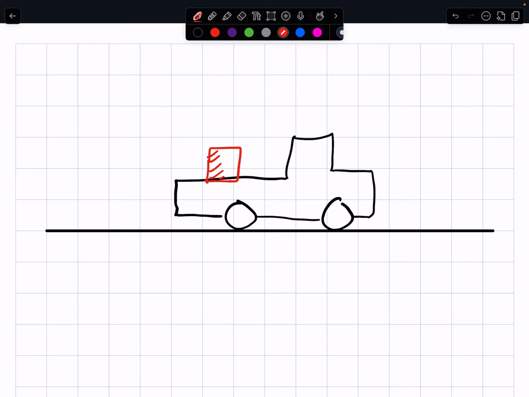So let's say that you want this car to accelerate, let's say at 2 meters per second squared. And you want it so that this box, of course, doesn't slip. No slipping.